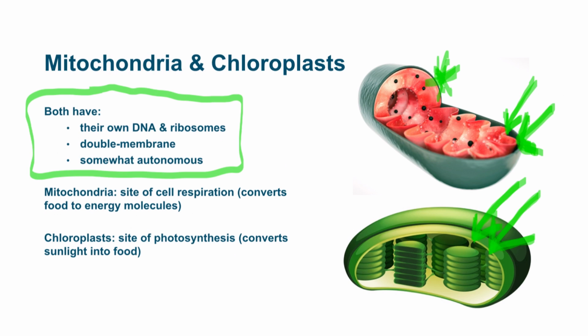For instance, take notes with your hand while you're watching these little videos. The chloroplasts here are only found in certain kinds of organisms, not in animals, but in plants and bacteria and algae. This is where photosynthesis occurs. The point of photosynthesis is to convert sunlight into food. And we will talk about that more in another module.